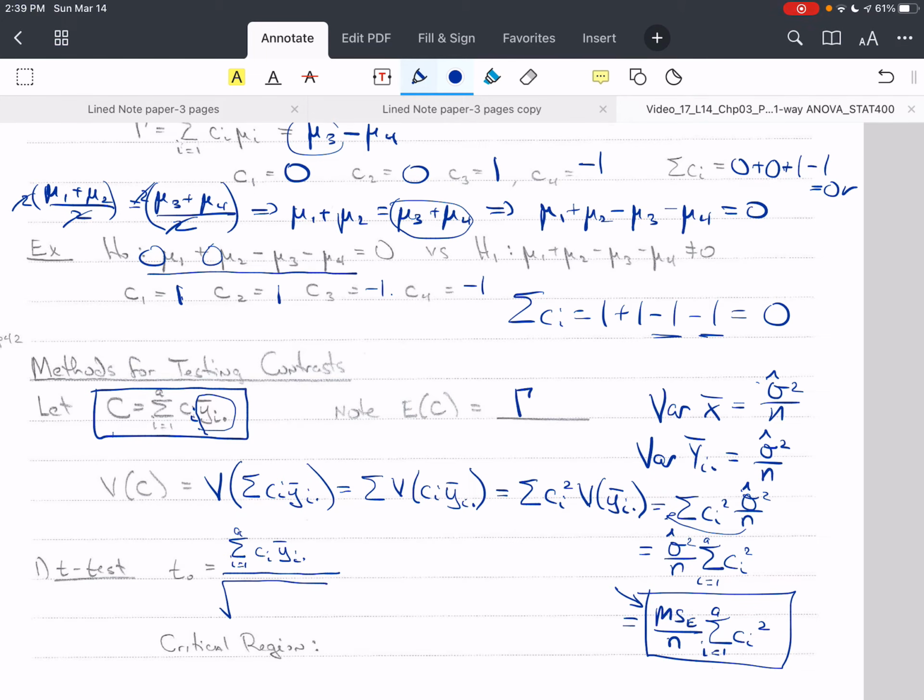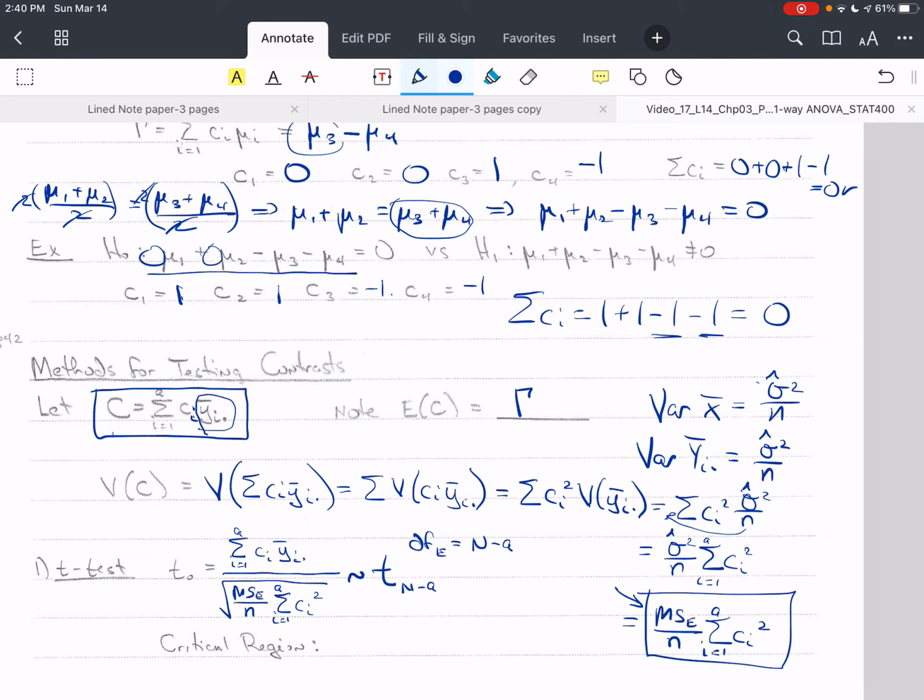We take the square root of MSE over n times the sum of Ci squared. You don't have to put the I equals 1 to A in this case. We know that, but I'm going to, just to be thorough. Then this has a T distribution with n minus A degrees of freedom. Remember, the degrees of freedom of the error is n minus A, and that's why this is the degrees of freedom, because we have the MSE right there. So the degrees of freedom of the error, or SSE, is n minus A.